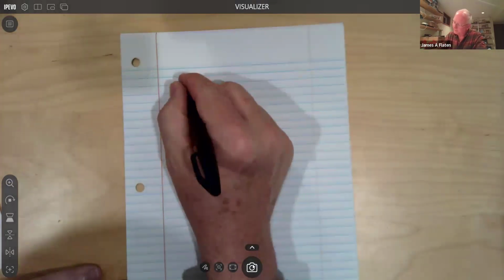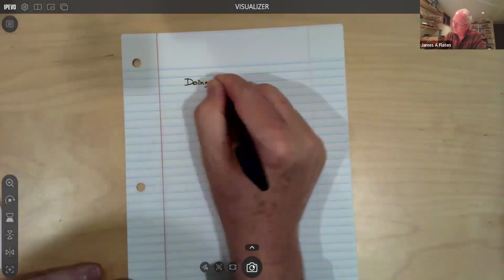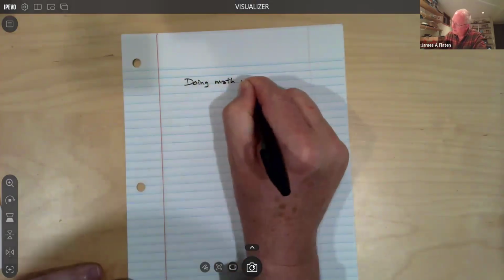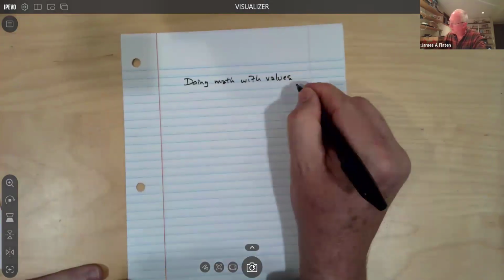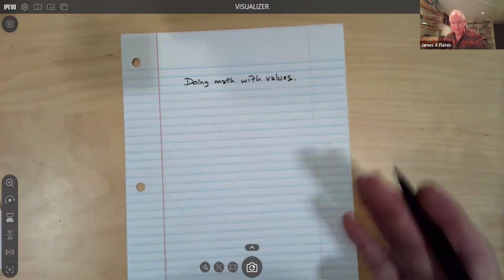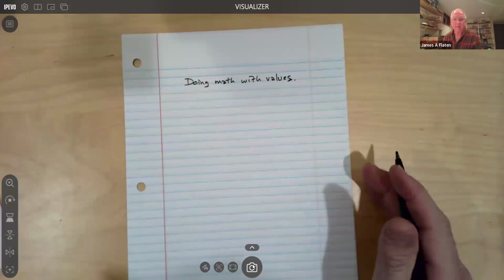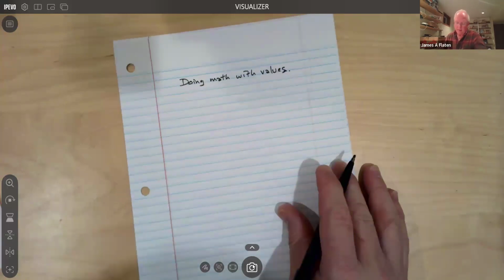First of all, some advice. If you're doing math with values, so values are things that have numbers and units, and if you don't know what they are, you might call them variables to be determined.